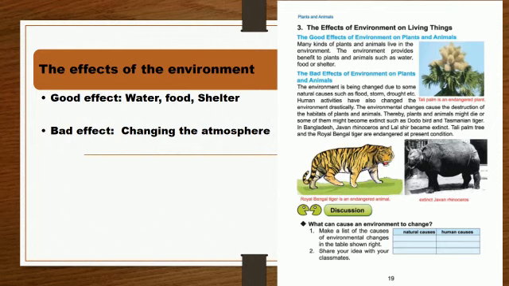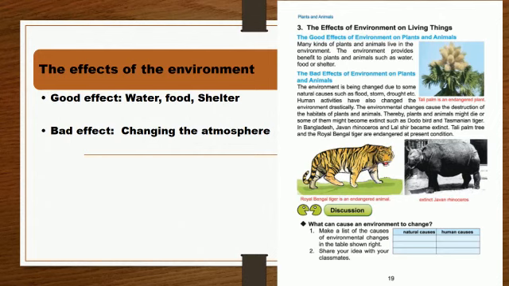Moving on to the next point, which is bad effect. So here are some bad effects of environment on the animals, like when there is storm, flood, earthquake, etc. This kind of natural disaster really harms the animals and plants. And some kind of human activities such as burning out the forest or polluting the environment really harm the animals.